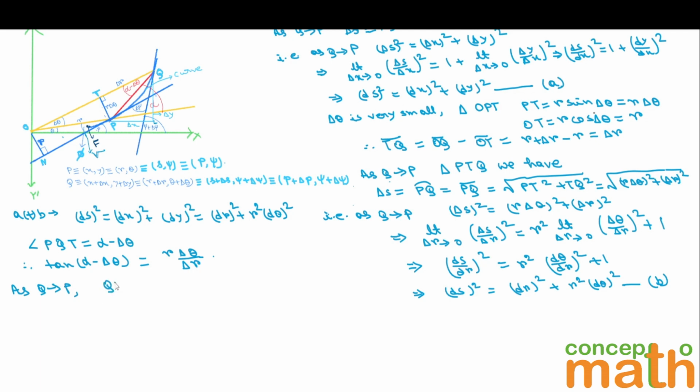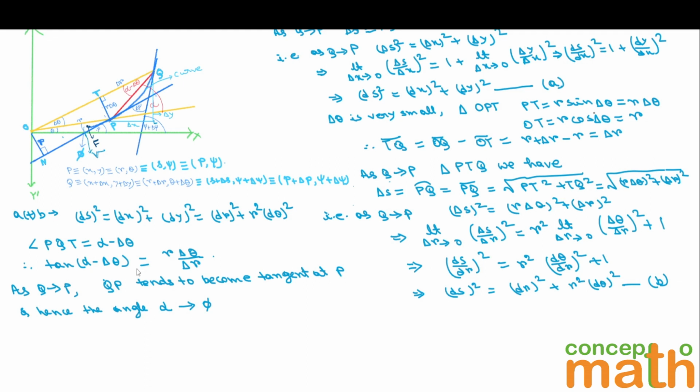the line joining Q and P tends to become the tangent at P, and hence the angle alpha tends to phi. Why? Because alpha was the angle between the line joining PQ and the radius vector.